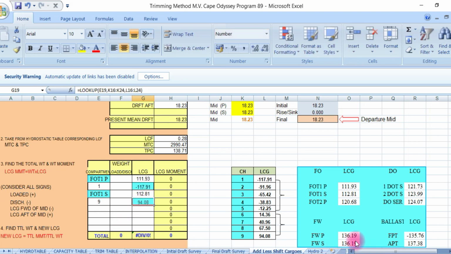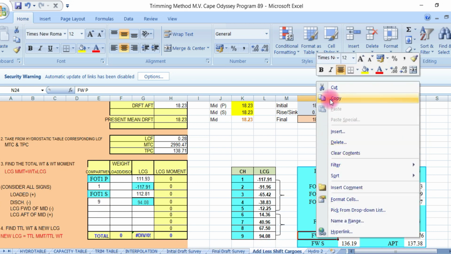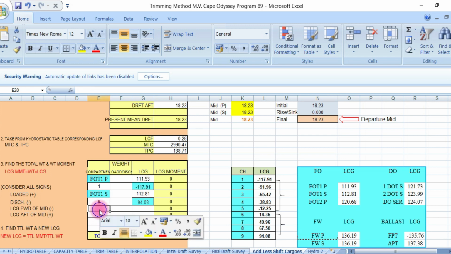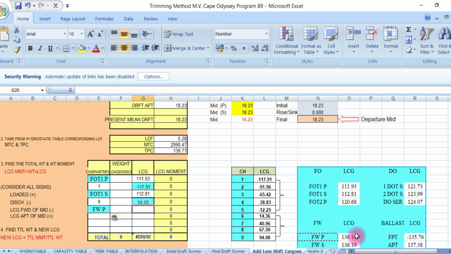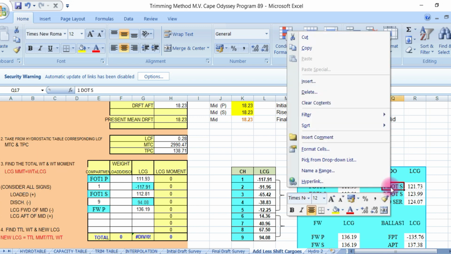Freshwater, port side. Freshwater, the LCG is 136.19. And DO on number one. Copy.